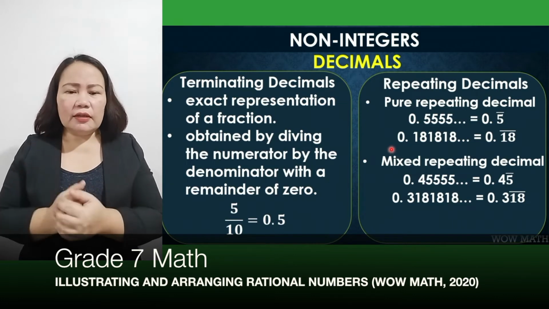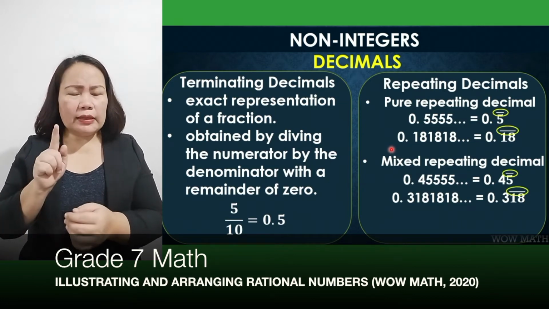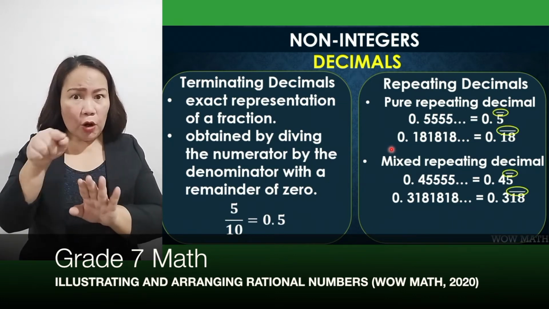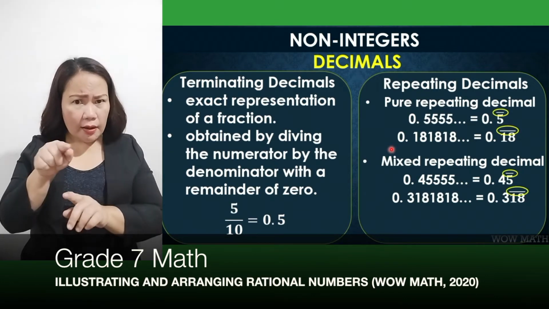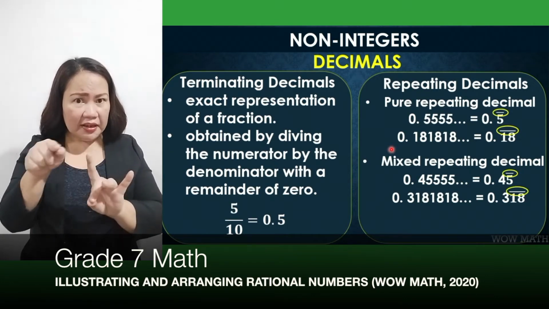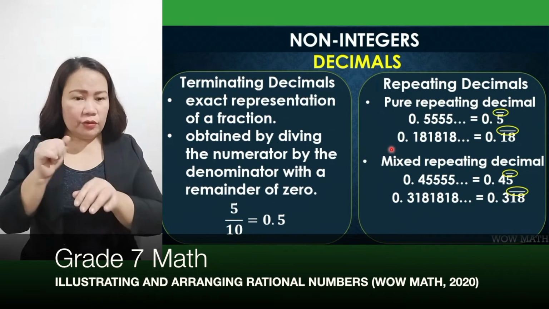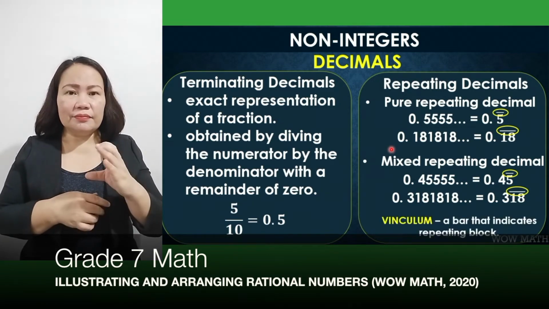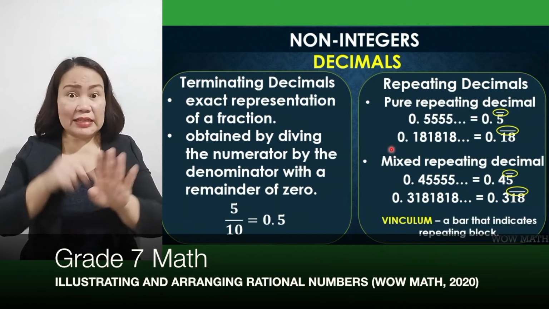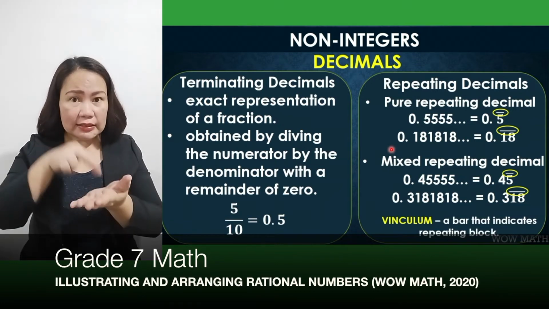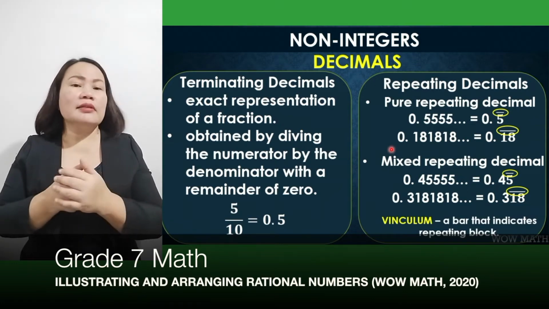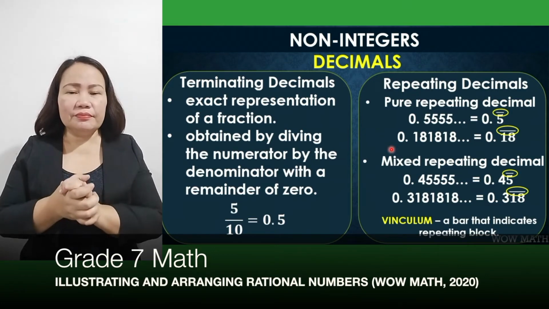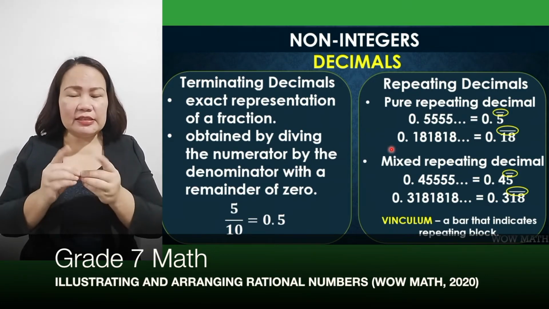Now, anong tawag natin sa mga bars na inilalagay natin above the repeating digits? That is what we call the vinculum. The vinculum is the bar that indicates the repeating block. You're going to place the vinculum on the repeating digits only.